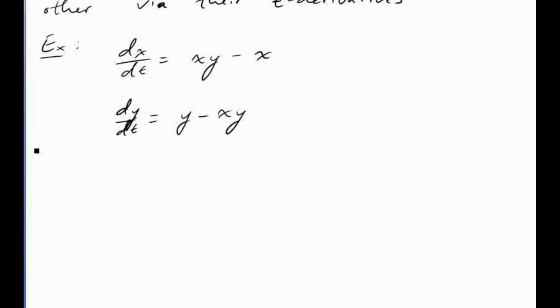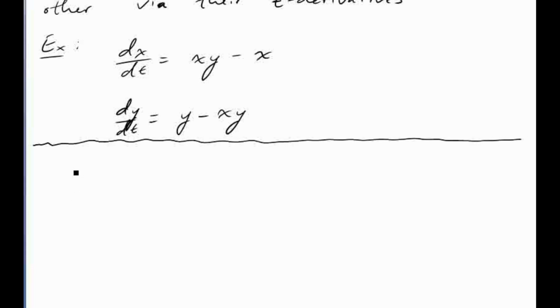All right, then what does it mean to solve the system of differential equations? It means to find each of the two dependent variables, that's x and y, each as functions of t.